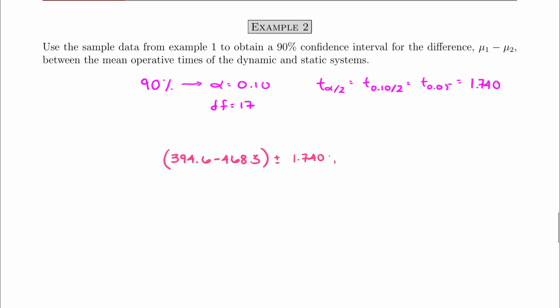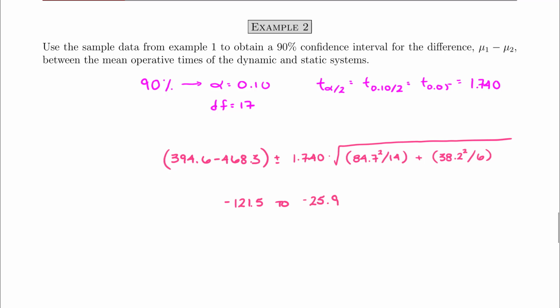And that's going to be multiplied by the square root of the sample standard deviation for population 1 squared divided by the sample size plus the sample standard deviation for population 2 squared divided by the sample size. And then when we type that in, what we end up with is negative 121.5 to negative 25.9.